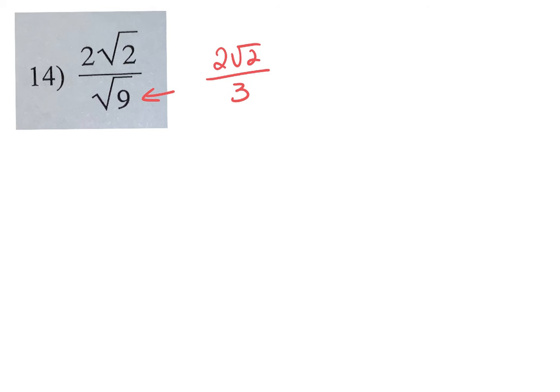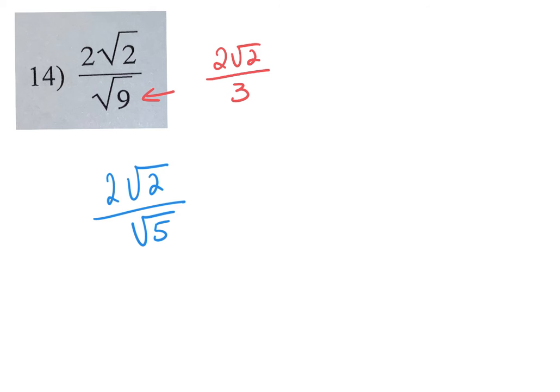Now, let's say, however, I had a problem like this. It did not generate one for you, so I'm going to just create one, okay? Let's say we had something like this. Nothing has a square root and nothing can reduce here, okay? So to simplify it, I have to rationalize the denominator.